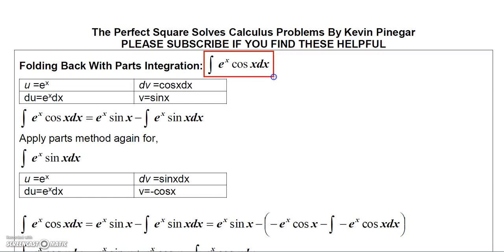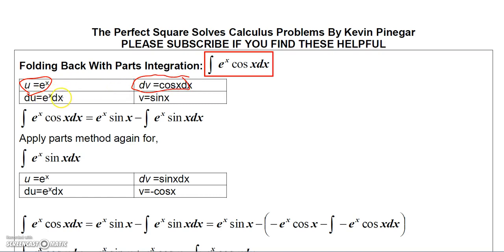So let's say we wanted to find the result of the integral for e to the x cosine x dx. Okay, so let's go ahead and do parts integration. Let's let u equal e to the x, and then let's let the rest of it, the cosine x dx, be the dv portion.